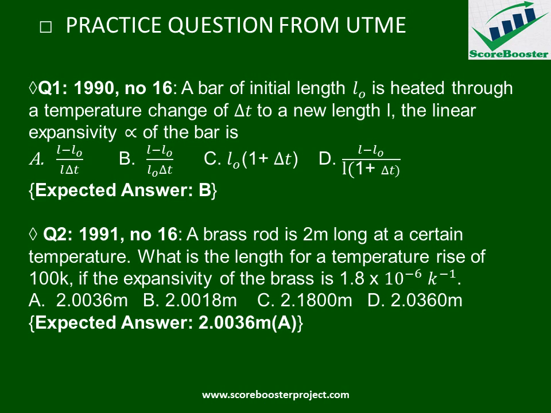Option A here represents 2.0036 meter. Option B is 2.0018 meter. Option C is 2.1800 meter, while option D is 2.0360 meter. Expected answer here is option A, which is 2.0036 meter.